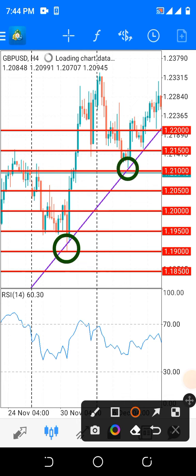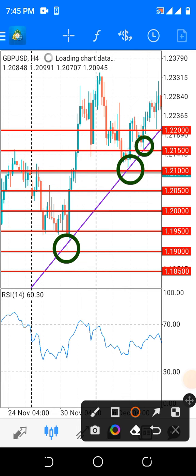Look at another one here. It obeys the trend line and at the same time obeys the psychological level. So when the price is approaching the trend line, you need to watch out if it is closer to a particular psychological level. When the psychological level and trend line happen to cross and the price tends to obey it, that is a perfect entry for you.